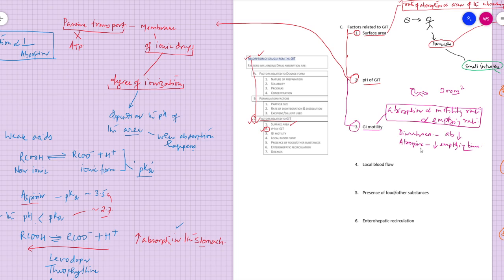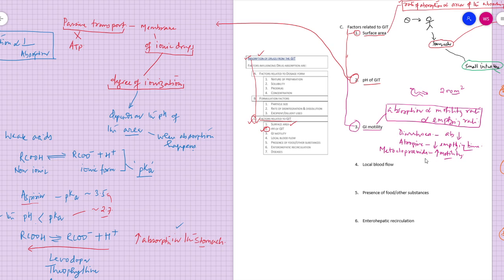On the other hand, if there is a drug which increases the GI motility, like metoclopramide, this basically increases gastric motility.